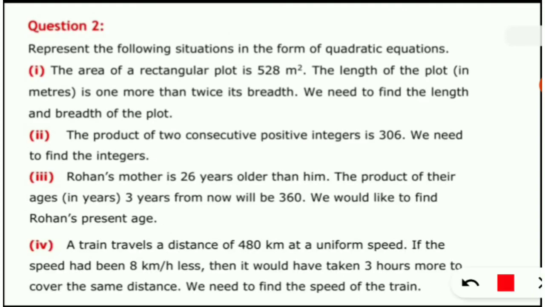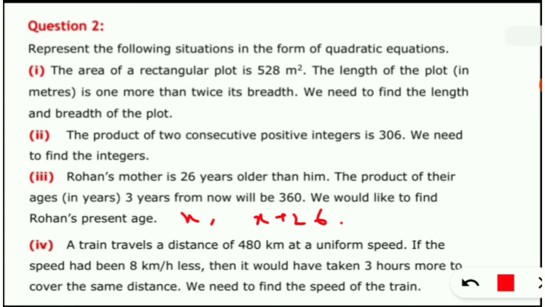Now Roman number 3. Rohan's mother is 26 years older than him. The product of their ages 3 years from now will be 360. We would like to find Rohan's present age. Very simple. Suppose we take the present age of Rohan to be x, then the mother's age is x plus 26, because Rohan's mother is 26 years older than him.